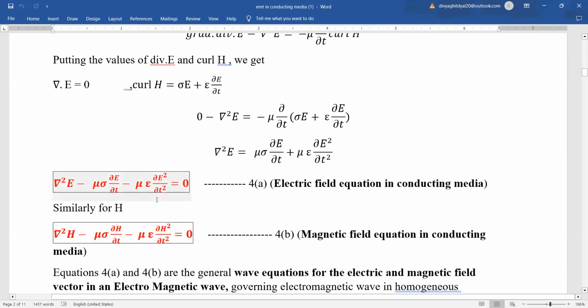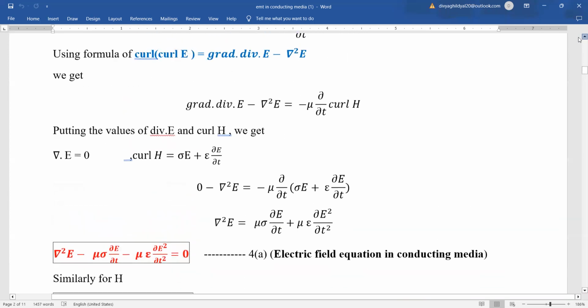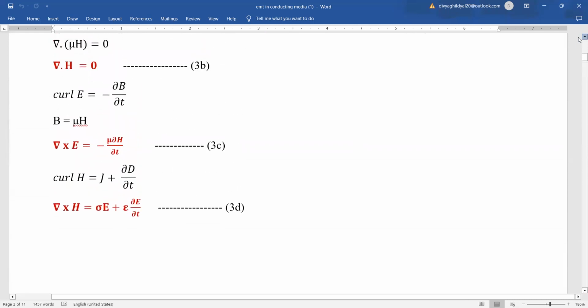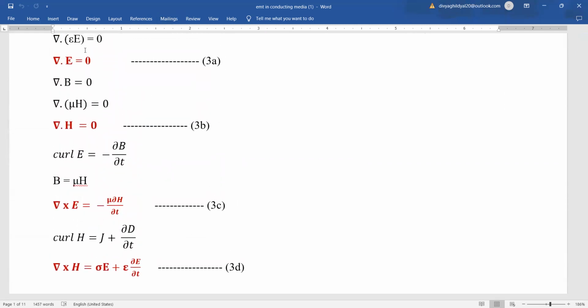We have the same pattern for the magnetic field, and Maxwell's equations in conducting media are obtained when we put rho equal to 0. That is, del dot E equal to 0, del dot H equal to 0, del cross E equal to minus mu del H by del t, and del cross H equal to sigma E plus epsilon del E by del t.